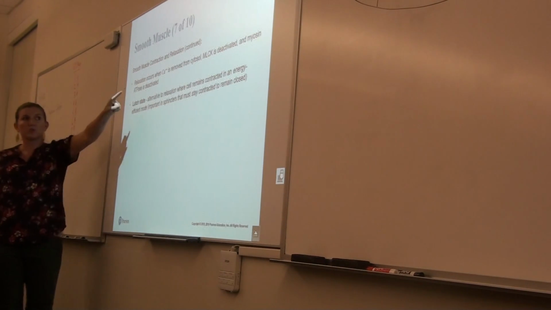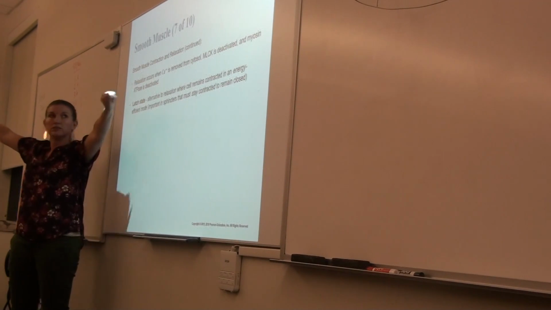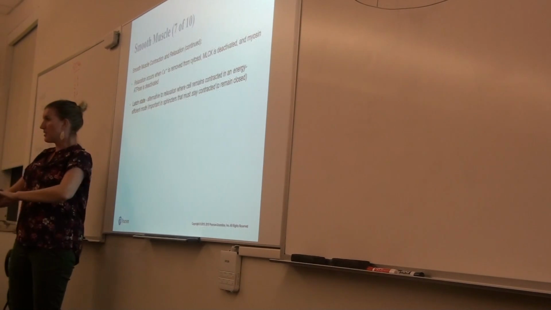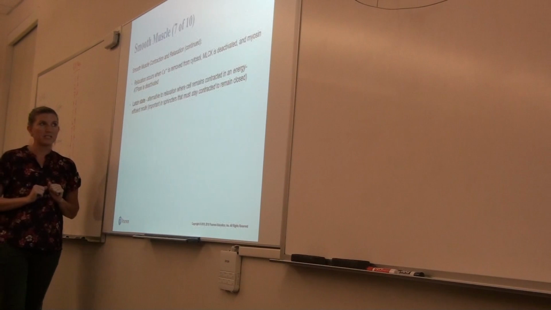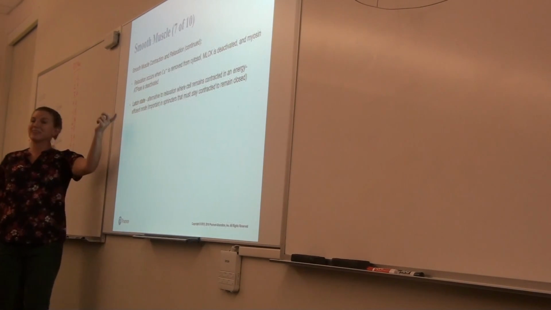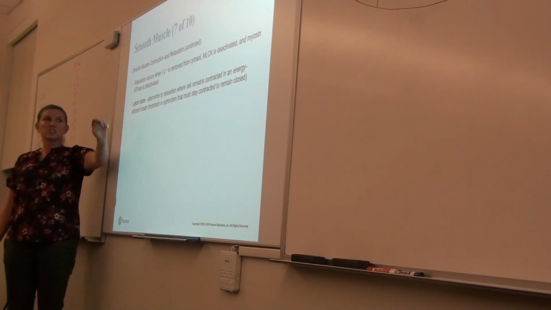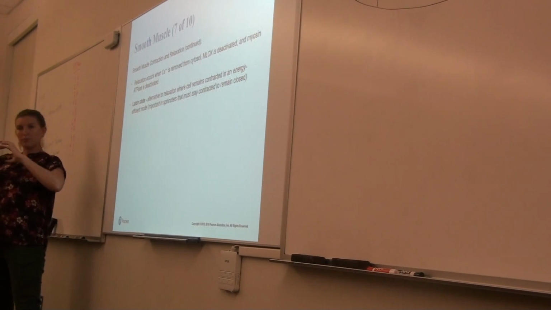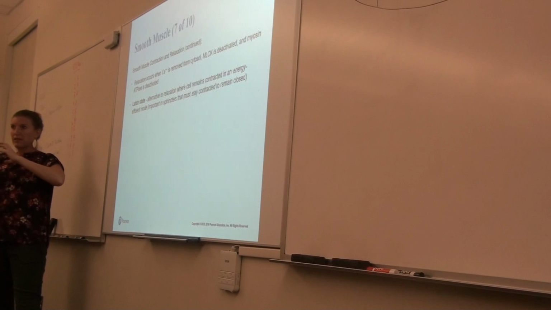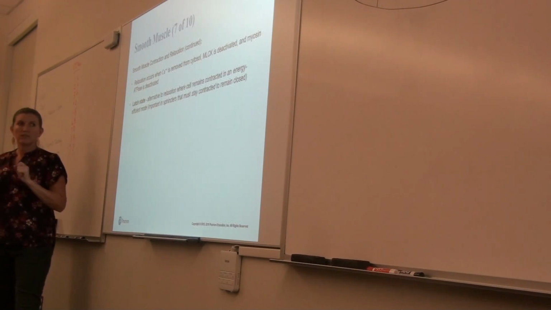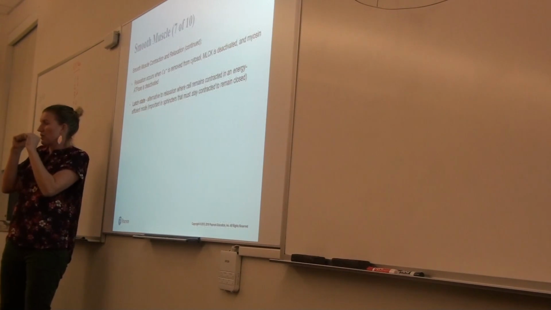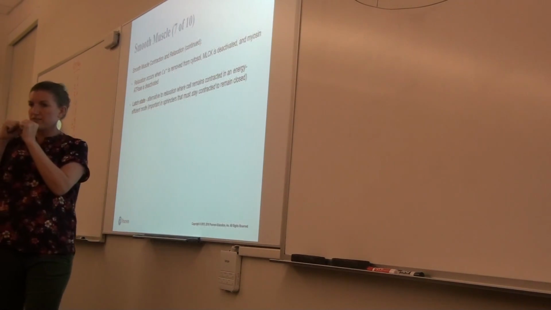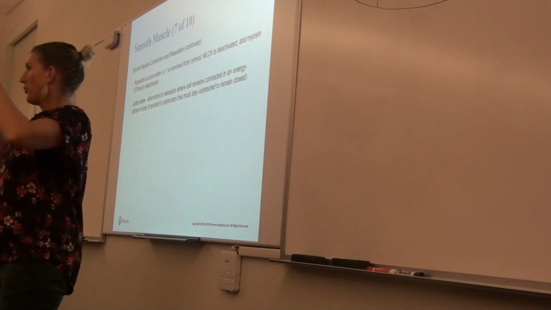The relaxation occurs when the calcium's pumped back out, right? Those enzymes, MLCK and the ATPase, become deactivated. There's something called a latch state. The latch state is the alternative to relaxation. This is when the cell maintains its semi-contracted state. This is really important for sphincters, right? When the sphincter contracts, you don't want it to contract and then open back up.